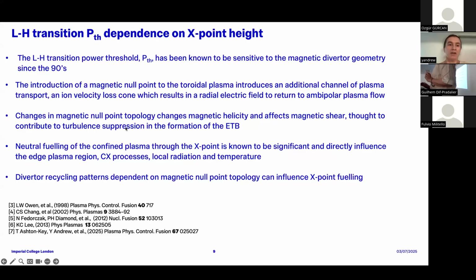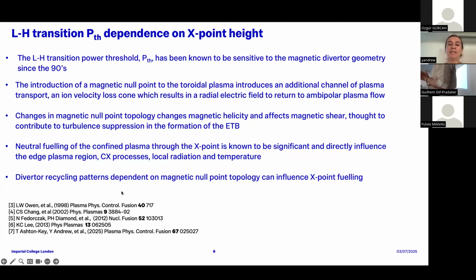We also know that neutral fueling through the magnetic X point is significant. That neutral fueling through the magnetic X point can lead to charge exchange processes, which have an effect on momentum deposition and also on the local conditions at the X point, such as radiation and temperature effects.